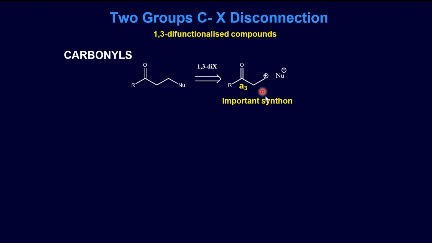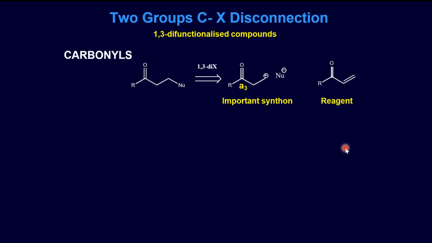They have two hydrogens. This hydrogen carbon bond breaks, and those electrons are used to satisfy the positive center. I'll get unsaturation over here. When I create unsaturation here, I'll get an alpha beta unsaturated ketone. If R is H, it will be an aldehyde. An alpha beta unsaturated carbonyl compound can be used as a reagent to get this acceptor synthon.